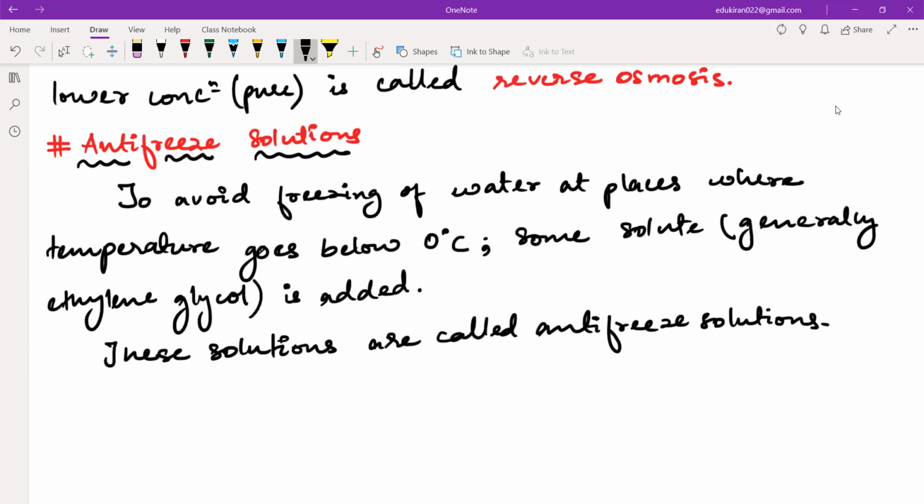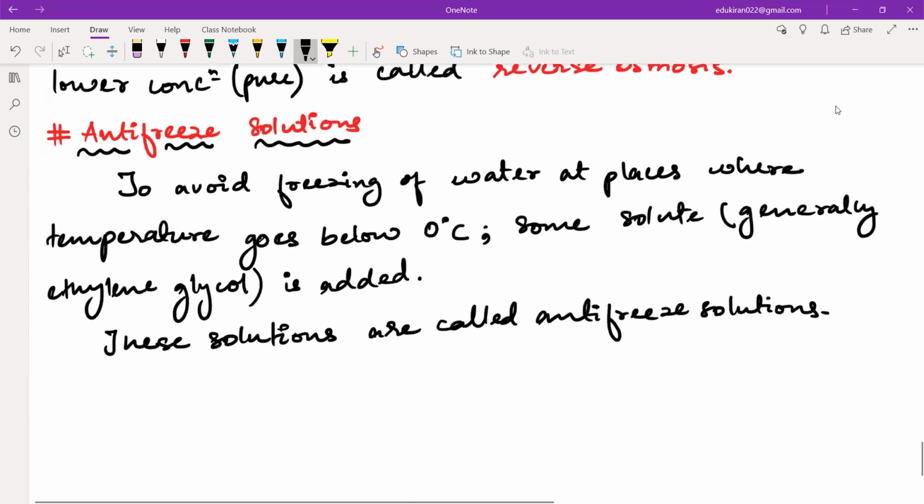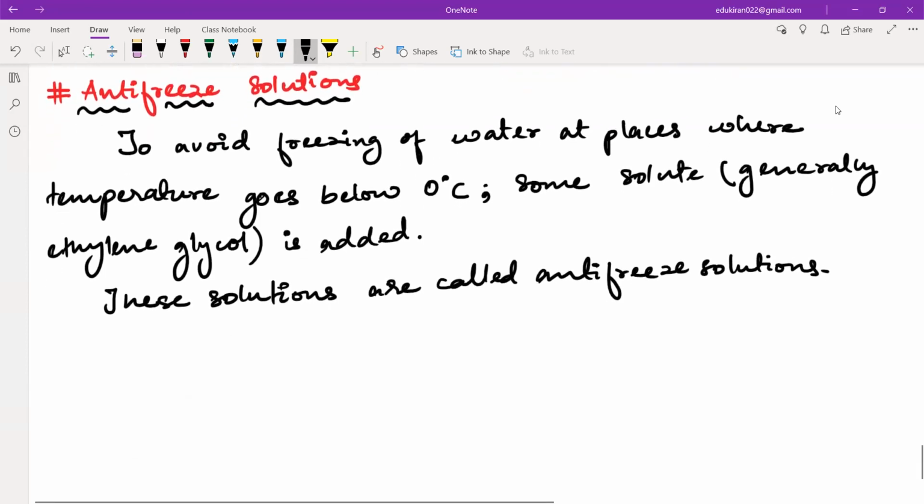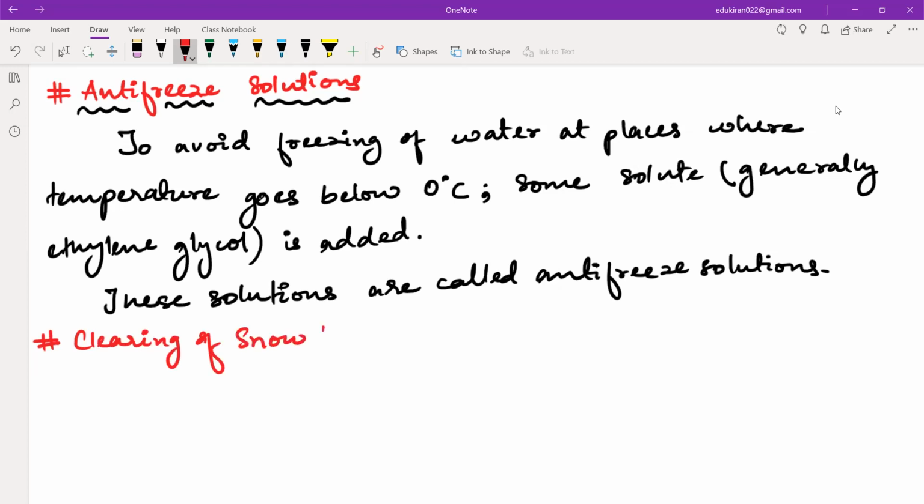Okay. Now, another application of depression in freezing point is clearing of snow from roads. When you have snowfall, there will be snow on the road, and how do you clear it easily?